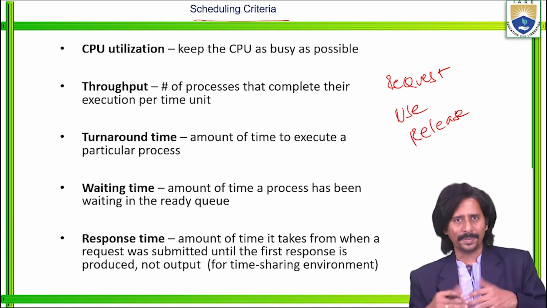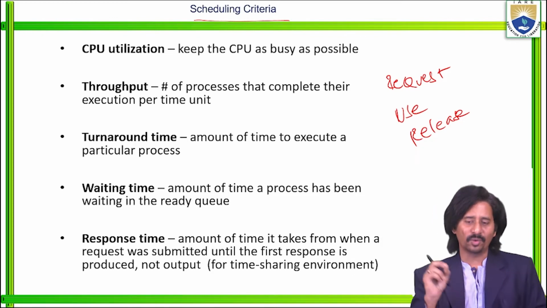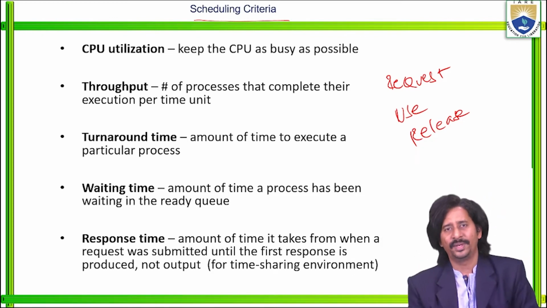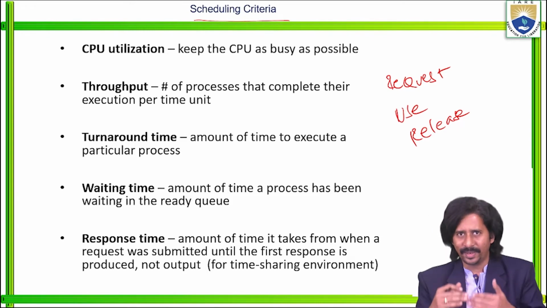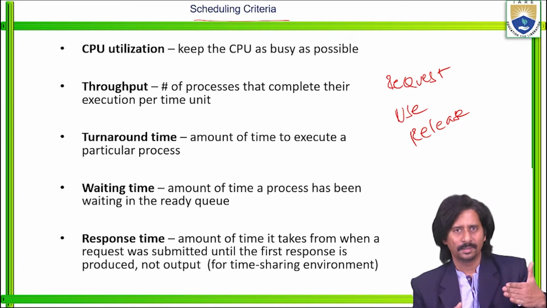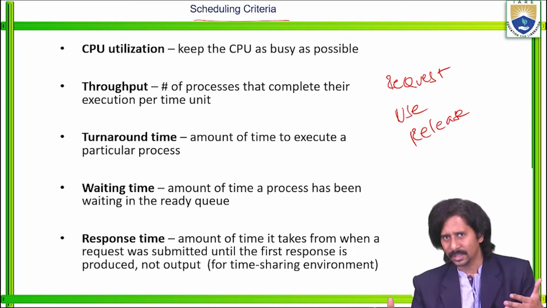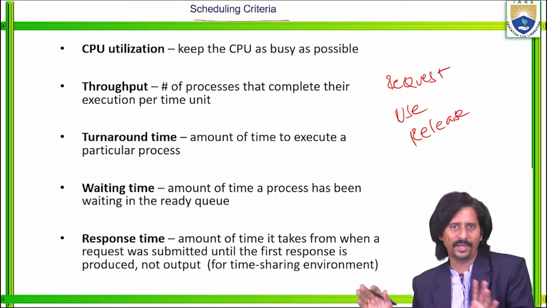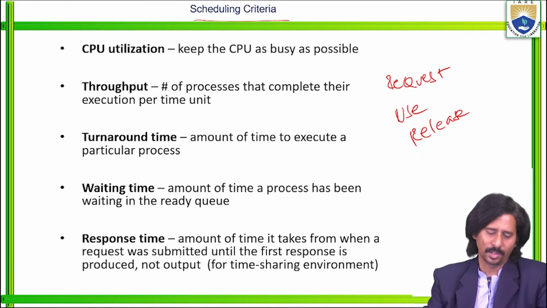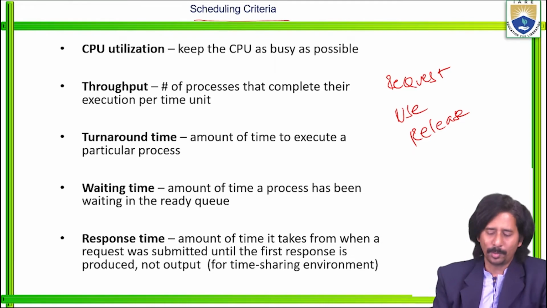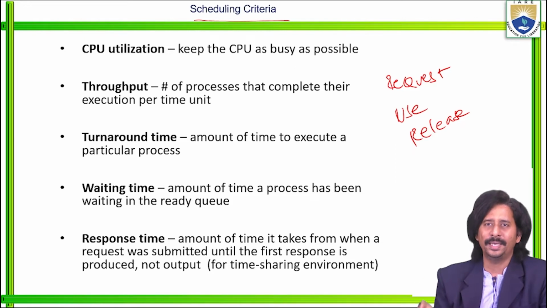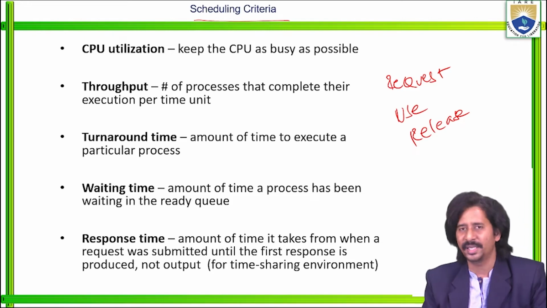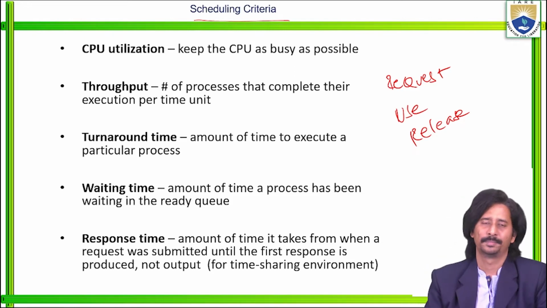So, after completion of our work, finally we need to release that particular connection. So, this is a way we can call as a request. If it is allocated, use. After completion of your work, simply we need to release that particular connection. So, response time, amount of time it takes when a request was submitted until the first response is produced.